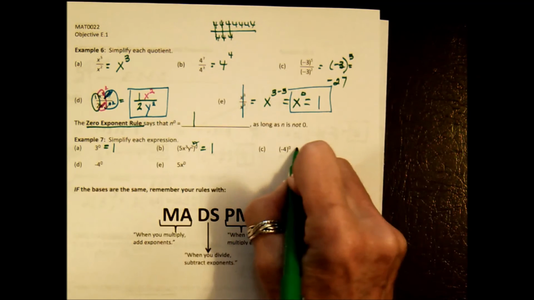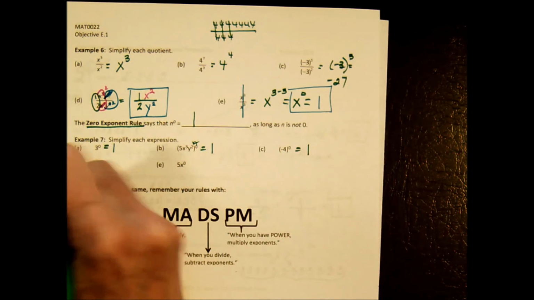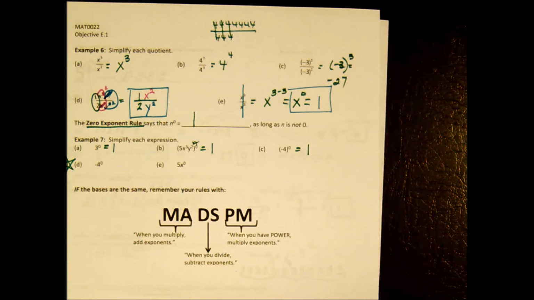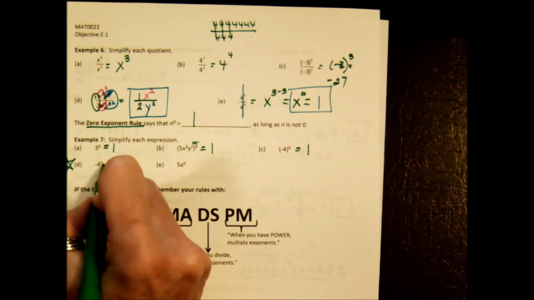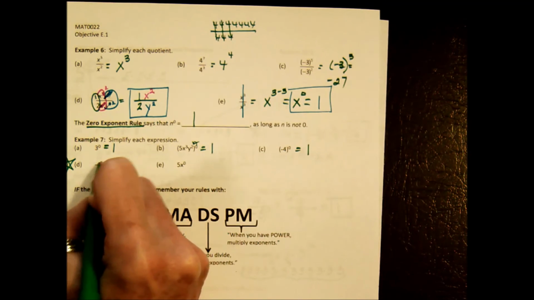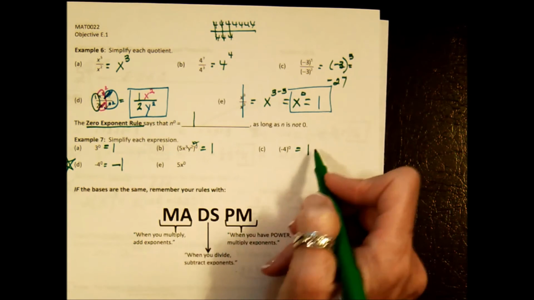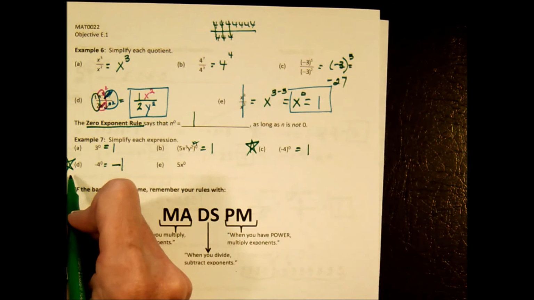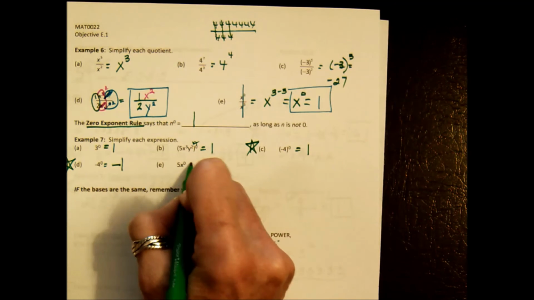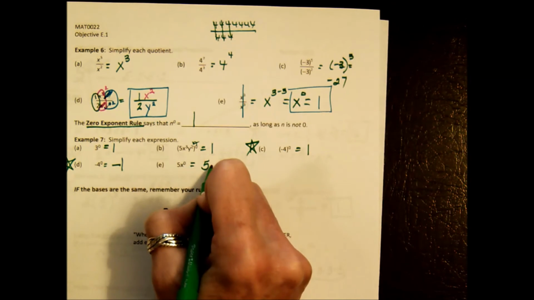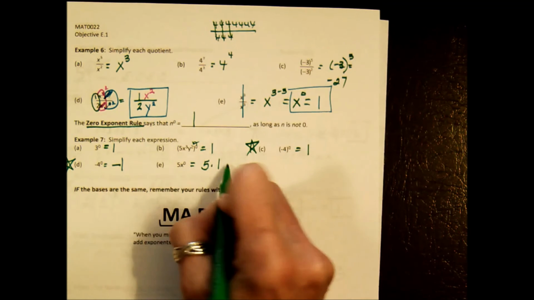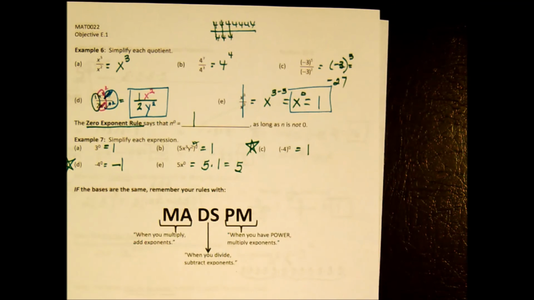Here, it's a 1. Here, it is not a 1 because this means minus 4 to the 0, or minus 1. Be careful of this one versus this one. This one means 5 times x to the 0, or 5 times 1, which is 5. You have to be careful of those.